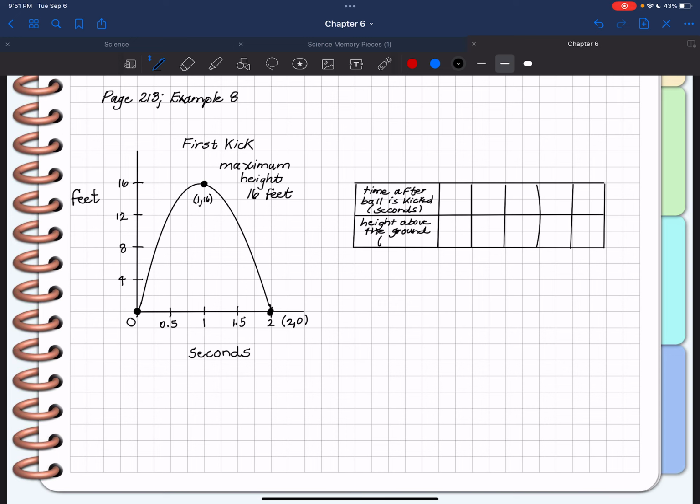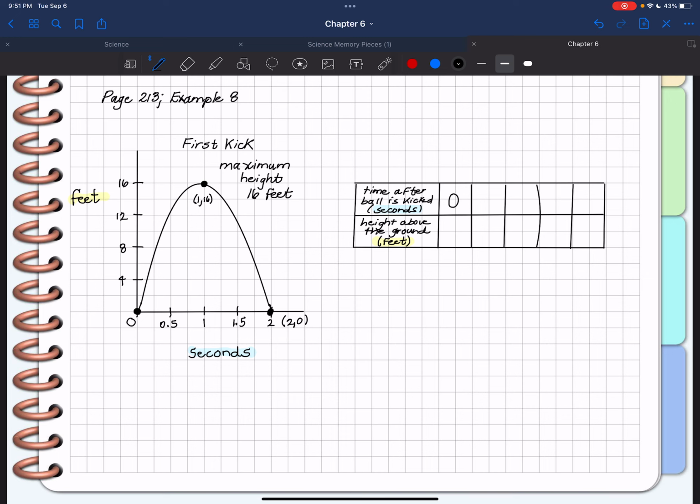These have to be the same in the graph and the table for me to be able to compare. So it's really important to check those variables. Seconds to seconds, and then feet to feet. So they match up, we can compare them.